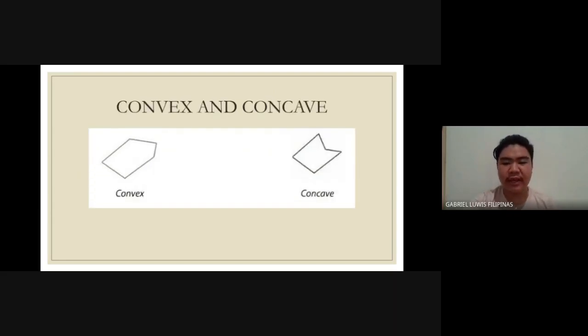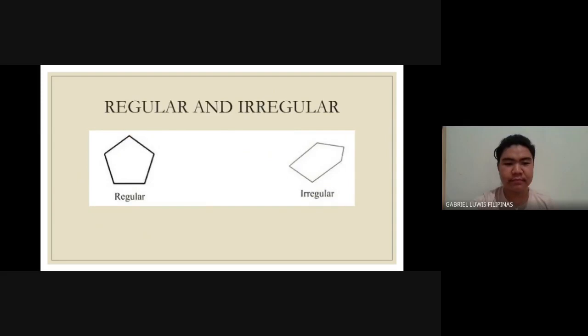Convex and concave. A convex polygon has no angle pointing inward greater than 180 degrees. If an angle is greater than 180 degrees, then it is called concave. Regular and irregular.